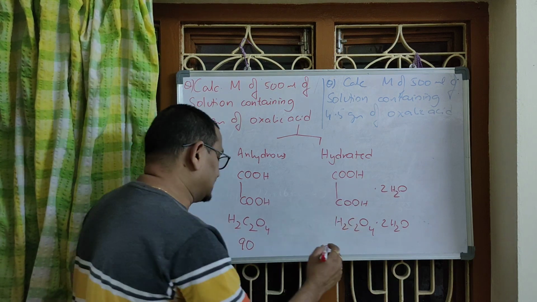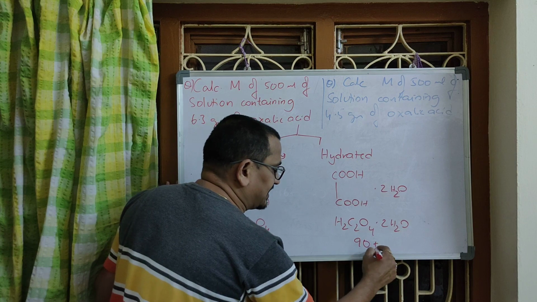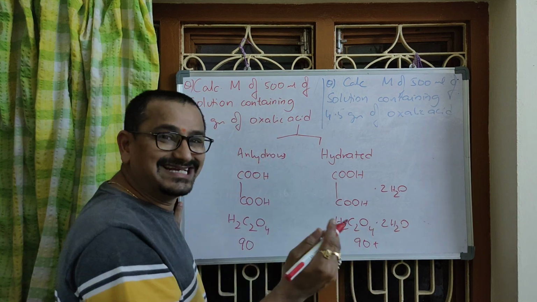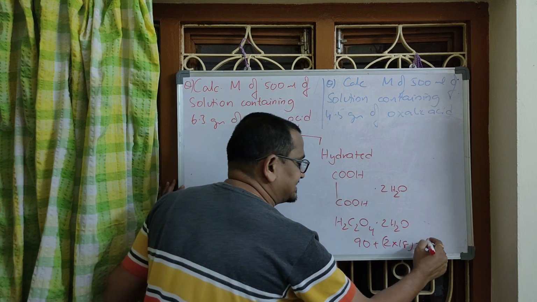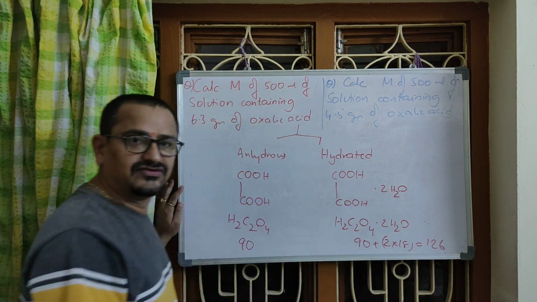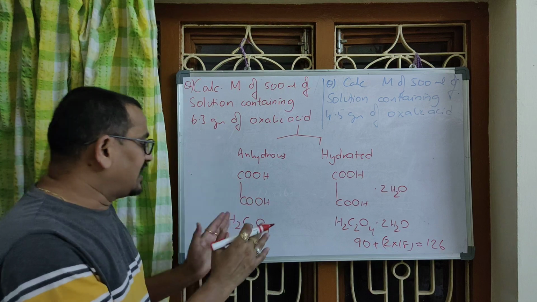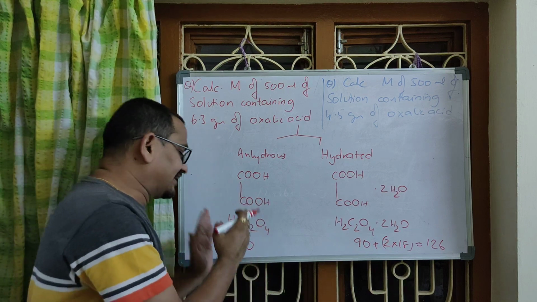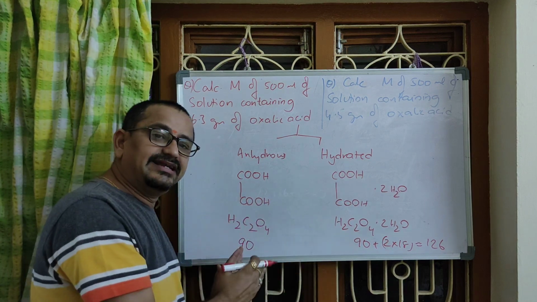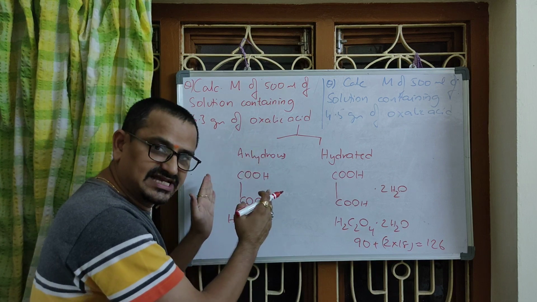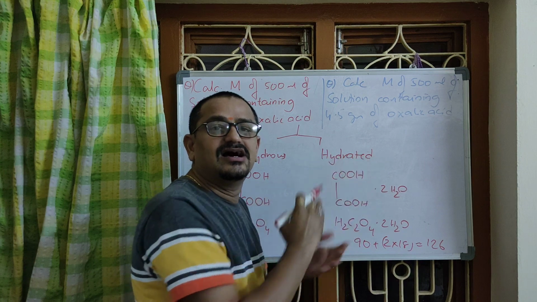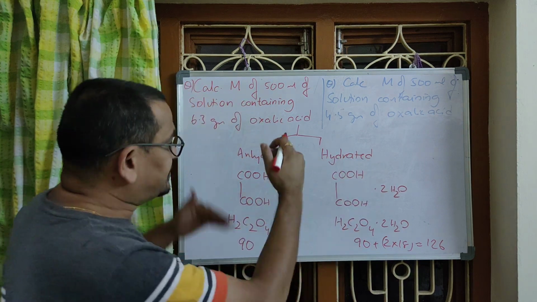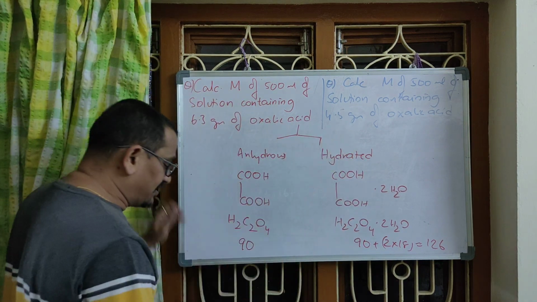Whereas for the hydrated form, it is 90 plus 2 into 18 grams, which is 90 plus 36, that is 126. So we have to consider either 90 or 126: 90 corresponds to anhydrous oxalic acid and 126 corresponds to hydrated oxalic acid. With respect to these values, we have to proceed by looking at the options.